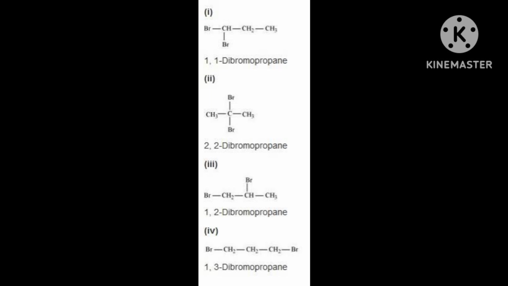Now another question I am discussing. Now a structure, a structural formula is given. You have to write the IUPAC name. Okay, but this is a little different, not more, because now these questions are related to the double bond.